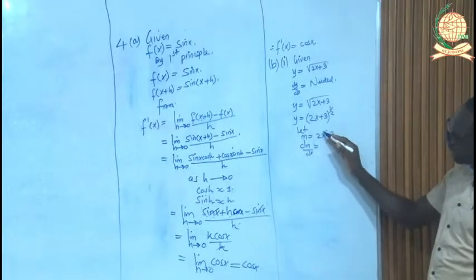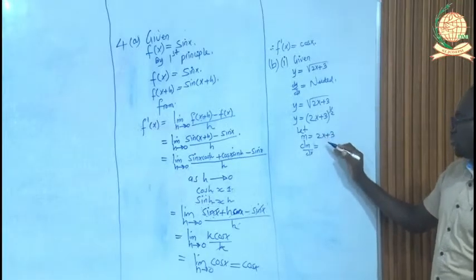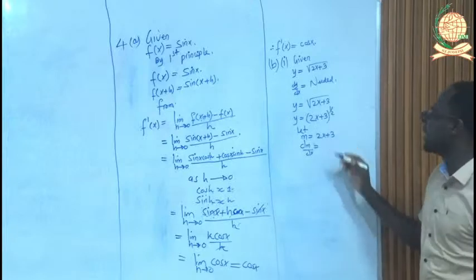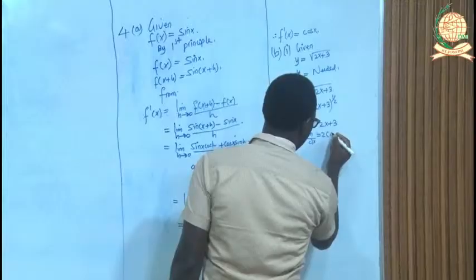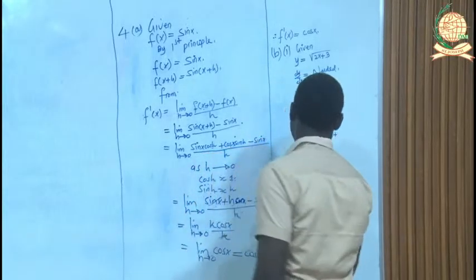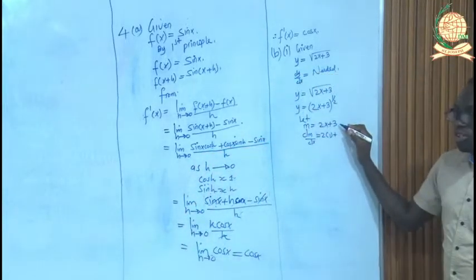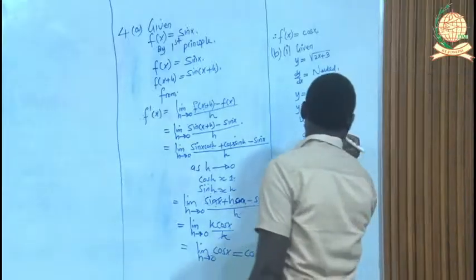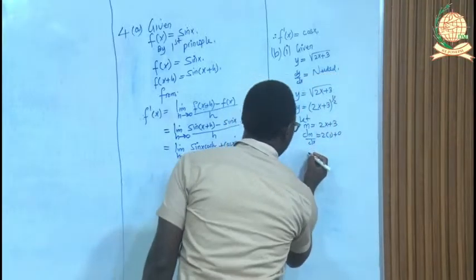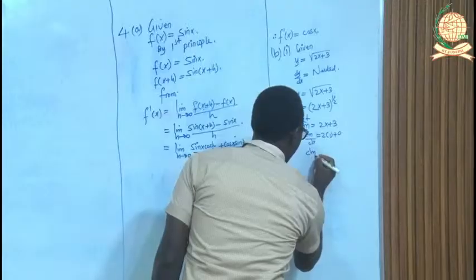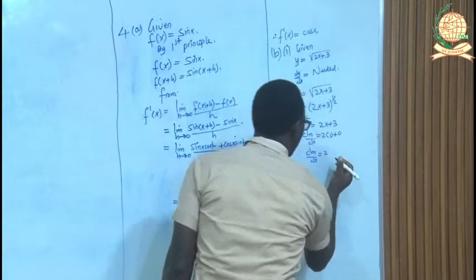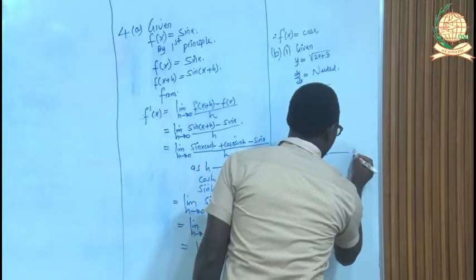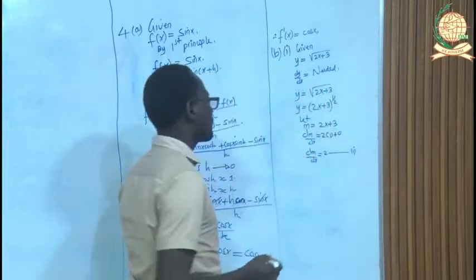Now we differentiate the variable x: the derivative of x is equal to 1. So it is 2 times 1, then plus the derivative of a constant, which is 0. So dm over dx is equal to 2. You can call this equation number 1.